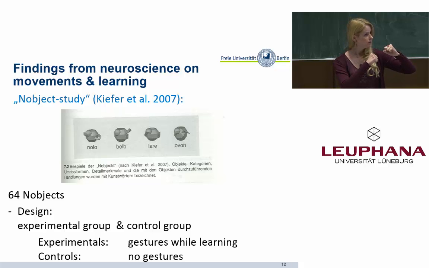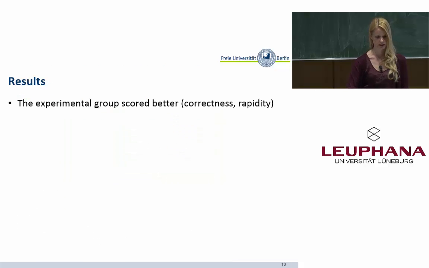And then they repeated in their training session this gesture and said NOLO. Yeah? And they had a link to movement, whereas controls didn't use gestures. And their learning condition resembled a lot what we often do in the classroom, actually, presenting words and pictures, for example. Yeah? What were the results?